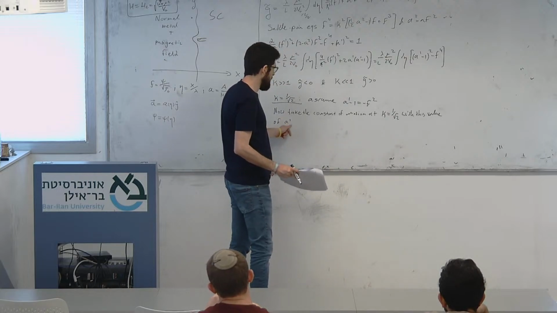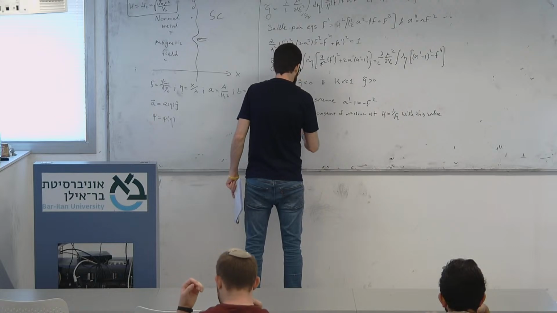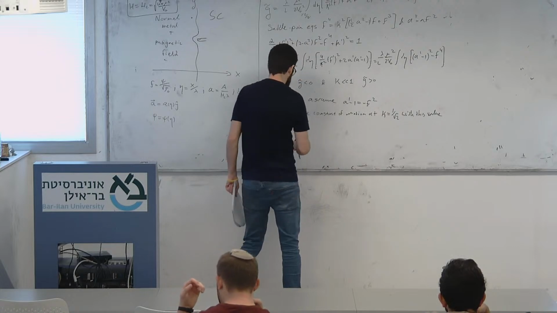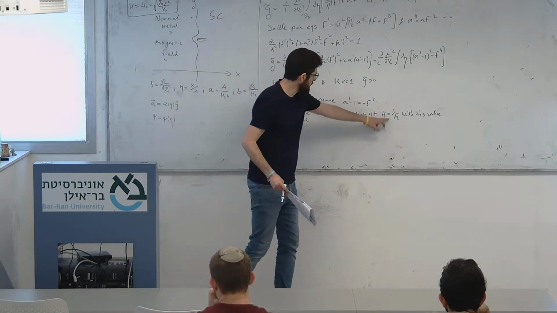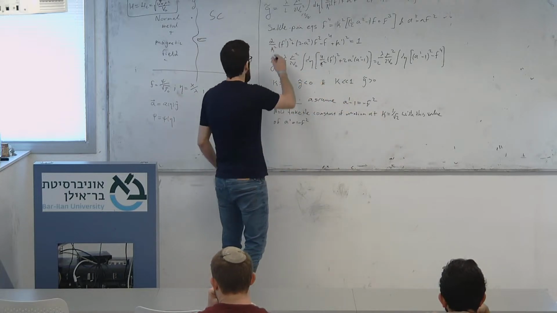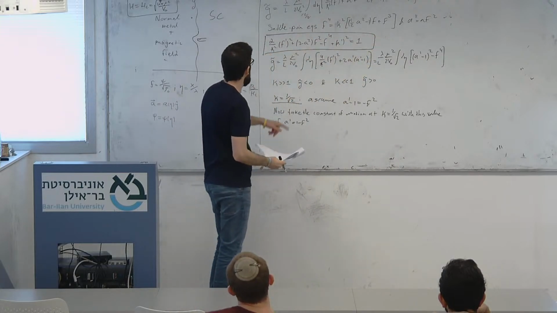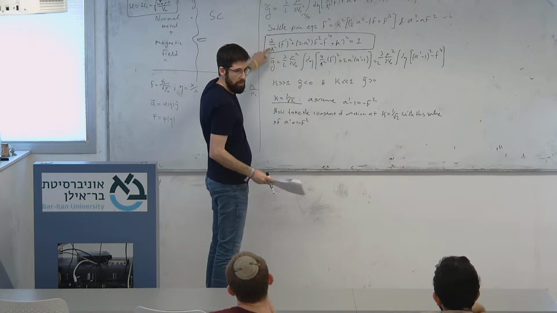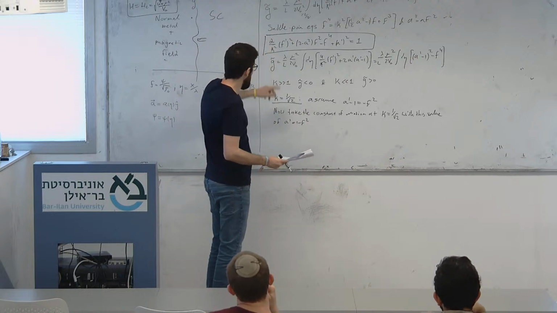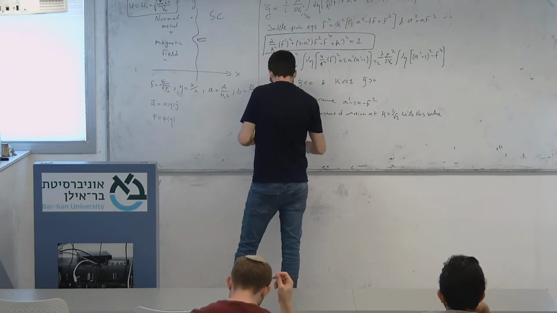Basically, a prime is equal to 1 minus f squared. So I'm going to plug this equation into this constant of motion. Here, instead of 2 over kappa squared, I'm going to have 4.